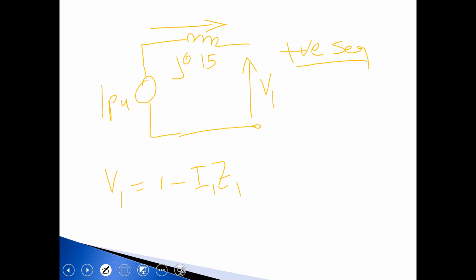So you leave some space. For the negative sequence, of course, I1 here was the minus J3 point whatever we got earlier. All right? For the next network, the negative sequence, again, this would be I2, and this would be the Z2, which was 0.0975. Please remember to put in the J.